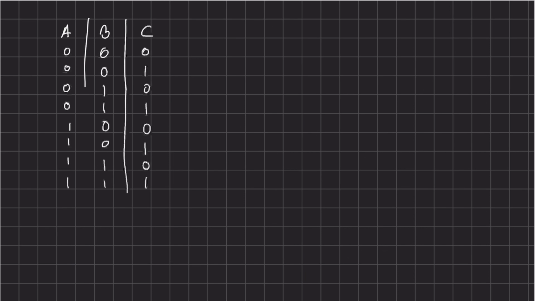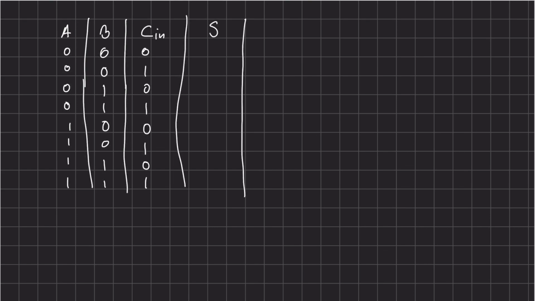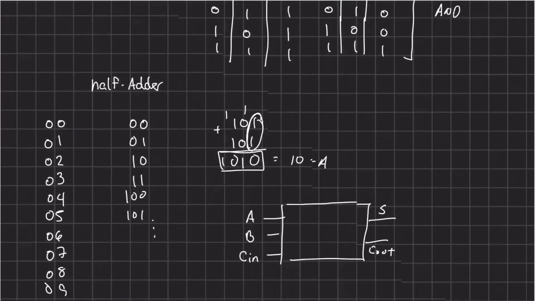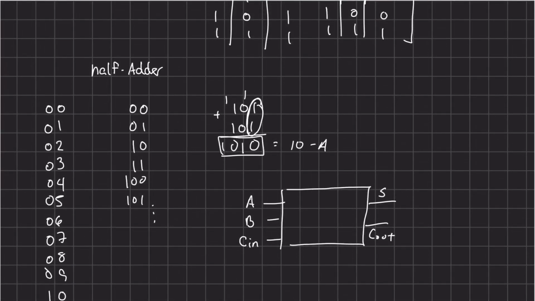All right. So this is C in. So let's see what's going on with sum. Okay, so the sum is what I want to go at this place, and the carries are here. Those are the carries. Those are the sums.